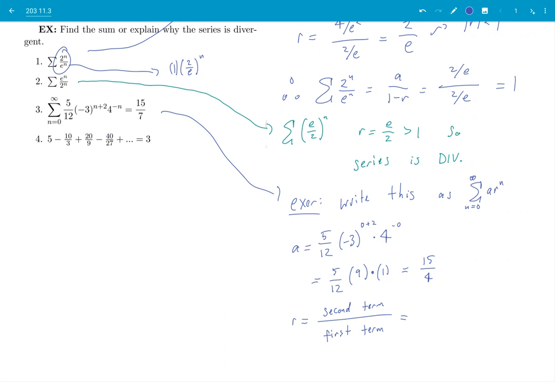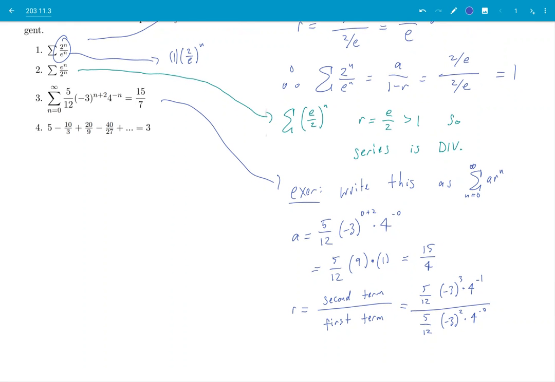Well, you take this expression, you plug in 1. 5 over 12, negative 3 cubed, 4 to the negative 1, divided by 5 over 12 again, minus 3 squared, 4 to the negative 0.